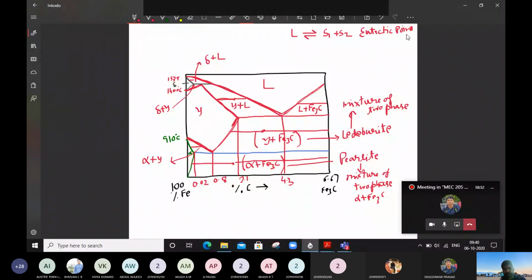And if one solid phase, let me write S over here, S1, is going to give you two other solid phases, S2 and S3, then that will be known as the eutectoid point.